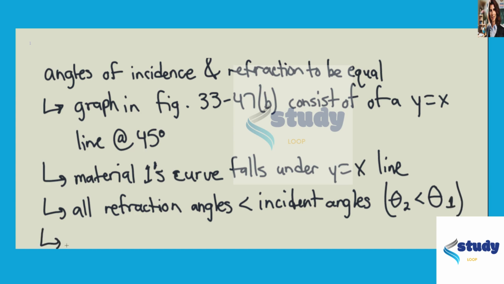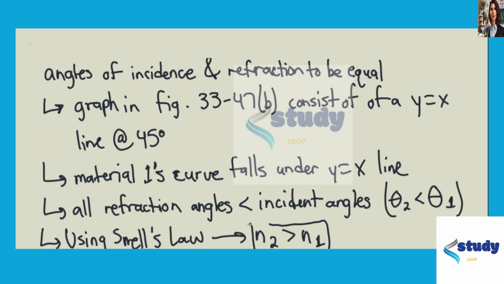And then using Snell's law of refraction, we can then say that the refractive index of material 2 is going to be greater than the refractive index of material 1. So this would be our answer for part A.